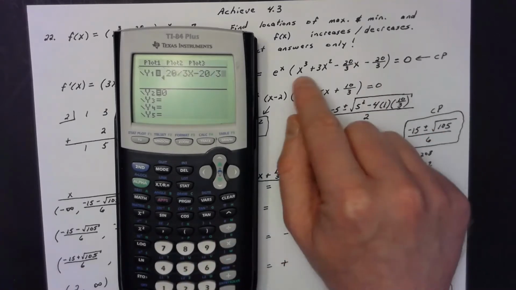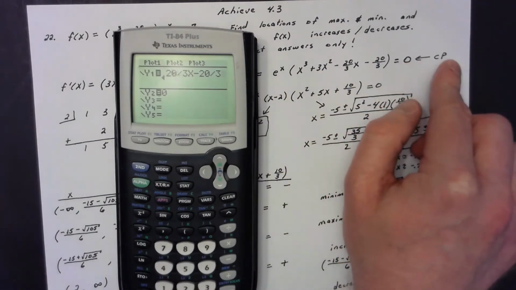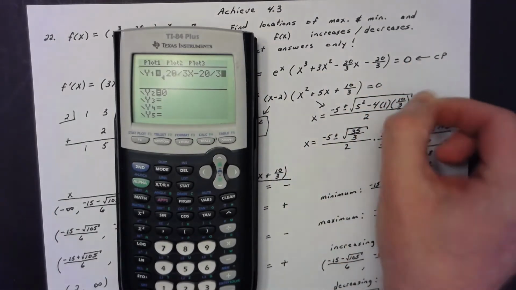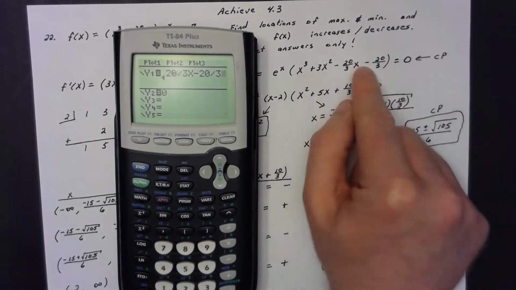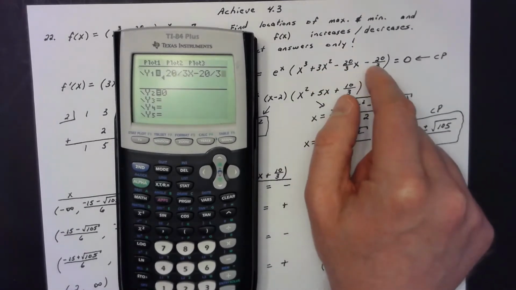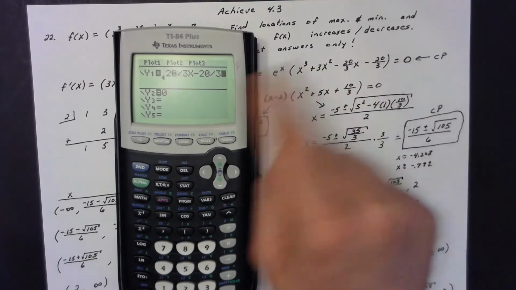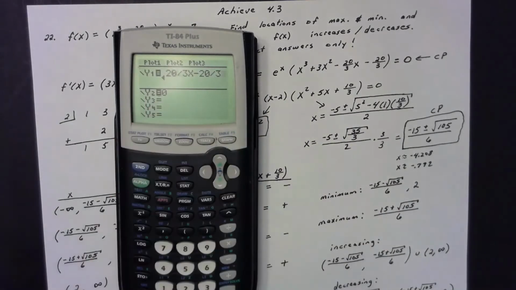Here's the reason: if I'm supposed to set this equal to 0 to find the critical points, and I want exact values, I'm hoping there's at least one nice rational answer. This is not factorable through easy means, so the easiest way, other than by hand, is a graphing calculator. So I put my function in y1, a 0 in y2.